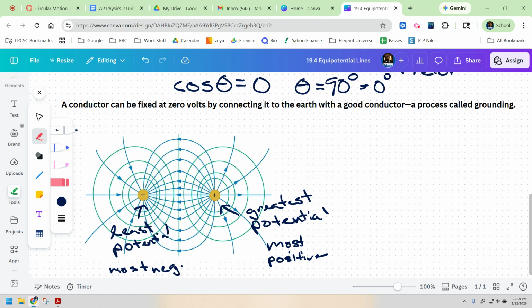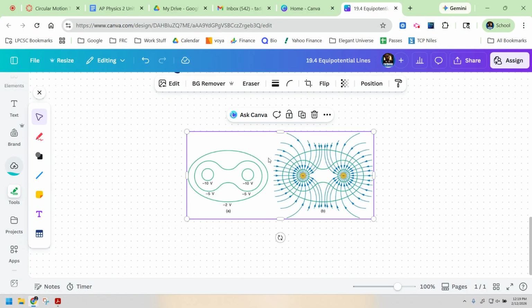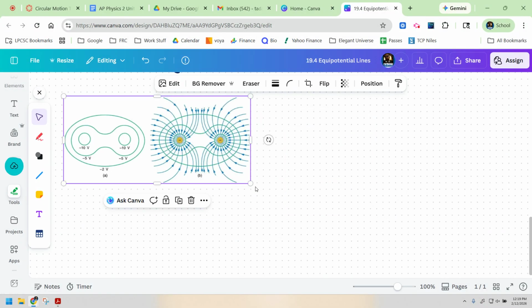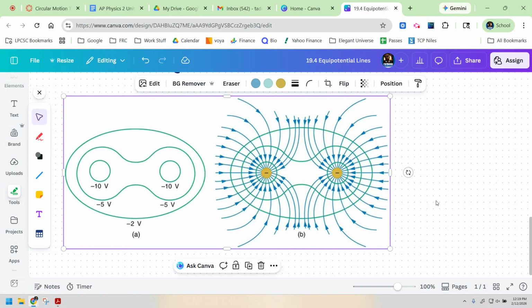And so let me put some numbers to that. I'm going to put another image up here so you guys can see. So in this image, if we put some numbers to it, this is what they're talking about. Okay, so to the right in figure B, I have electric fields.